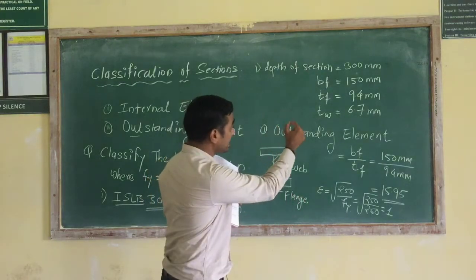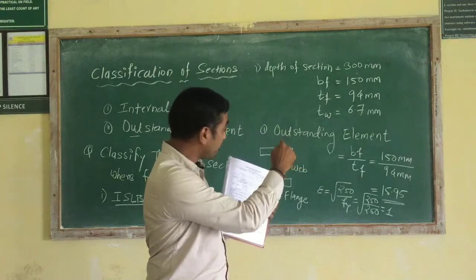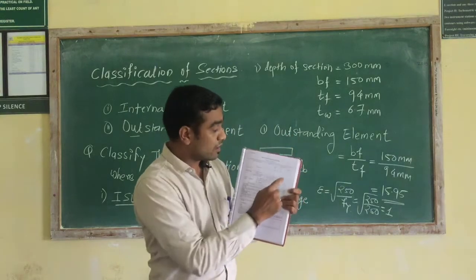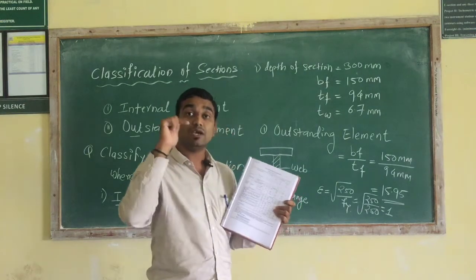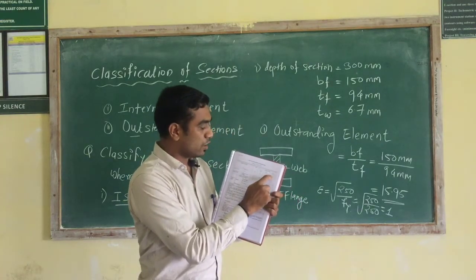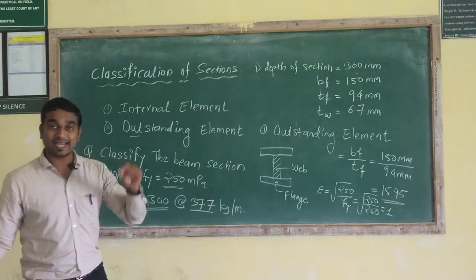The outstanding element is slender because it has the value of BF upon TF greater than 15.7 epsilon. That's why we have to go for slender section.